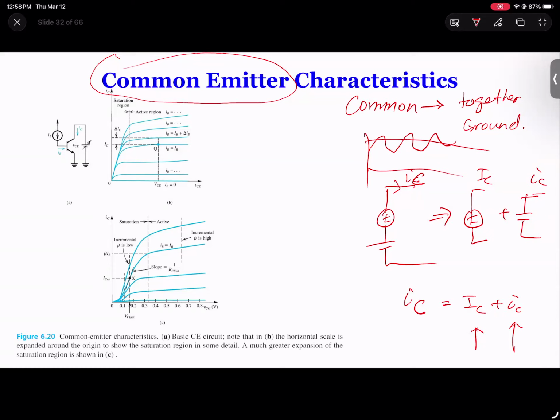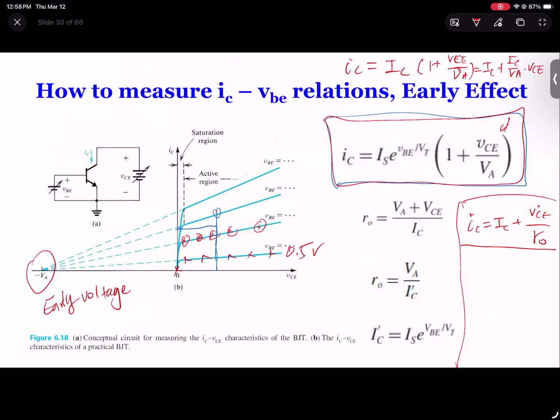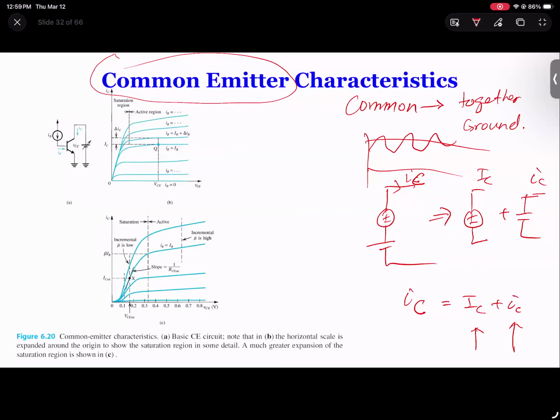And here, this diagram, back to the slide over here. When we measure the circuit, we had VBE as a voltage. We change VBE, we measure VCE and IC, so we got this group of curves. But you can also use a current source at the base.